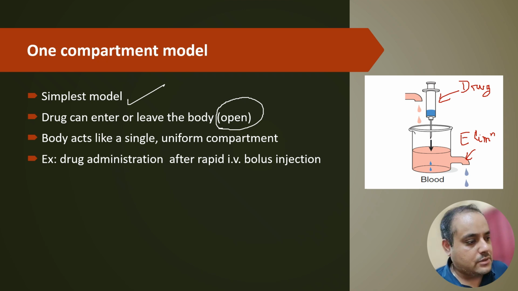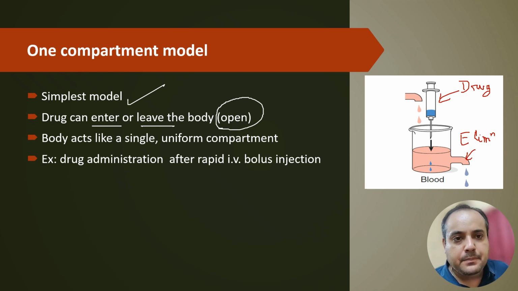So now the drug is free to enter into the blood, as well as it is free to be eliminated from the blood. That is why it can both enter as well as leave the body, and hence it is an open kind of a model.